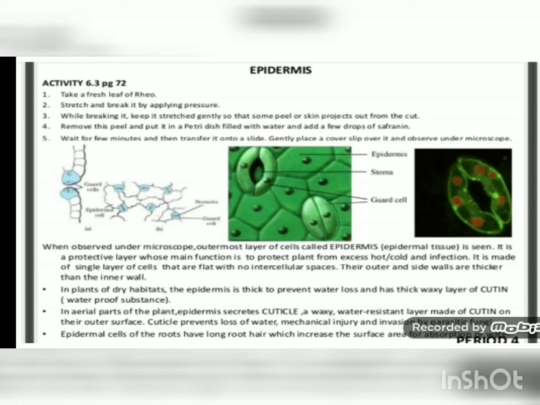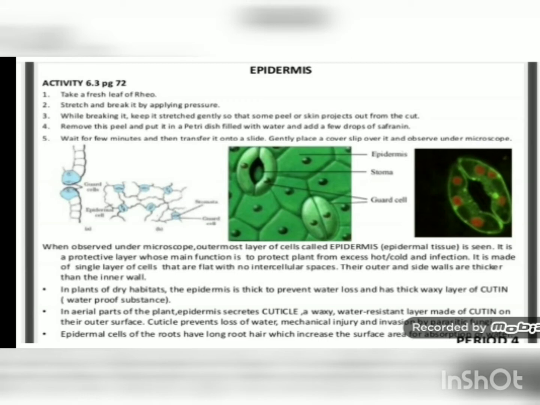It is made up of a single layer of cells that are flat with no intercellular spaces. Their outer and side walls are thicker than their inner wall. In plants of dry habitat, the epidermis is thick and prevents water loss. It has a thick waxy coating called cutin, which acts as a waterproof substance.